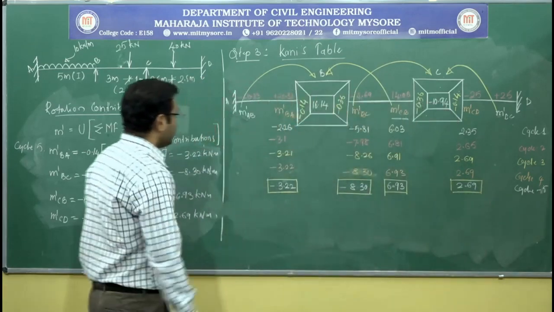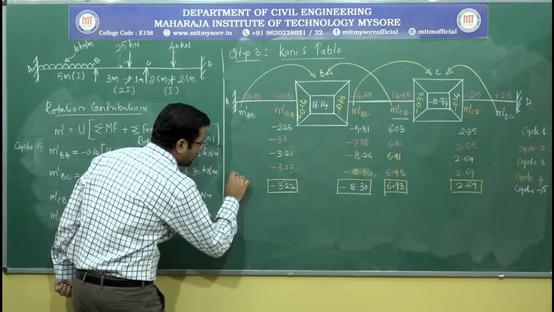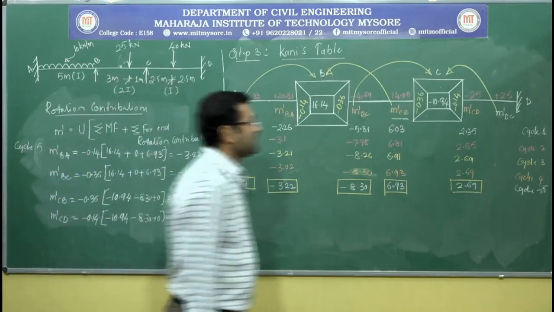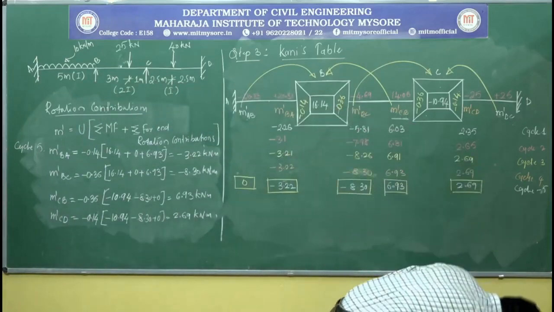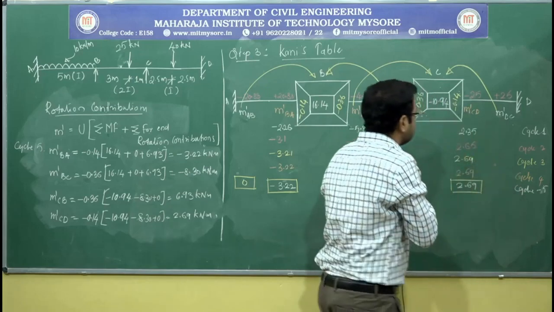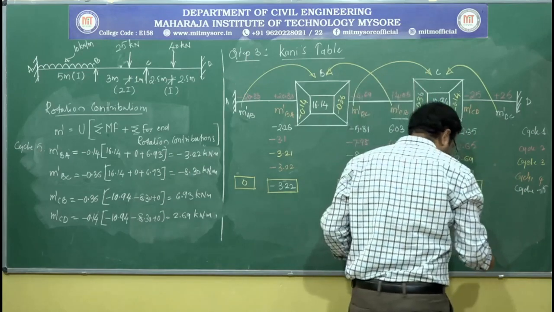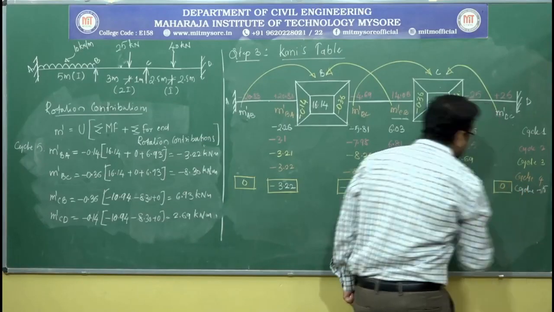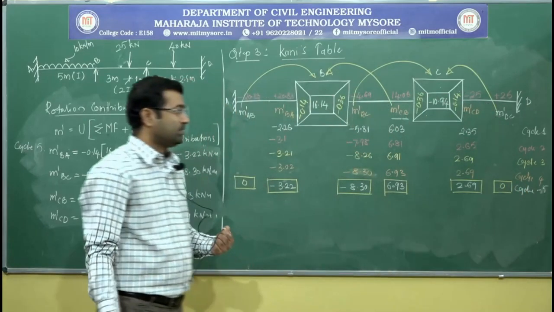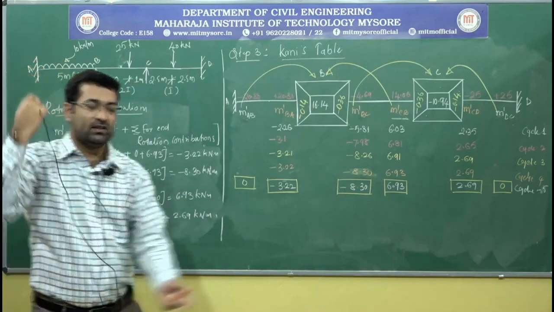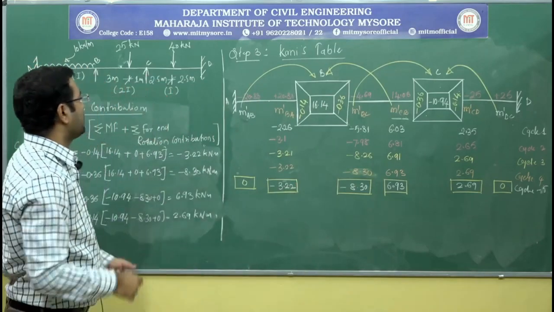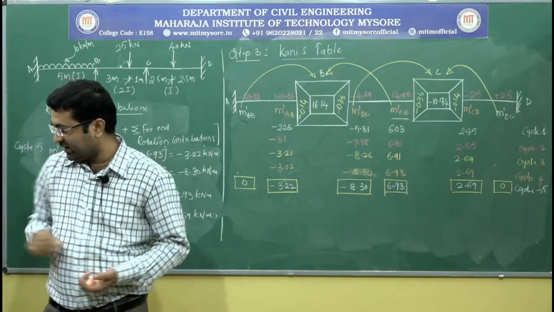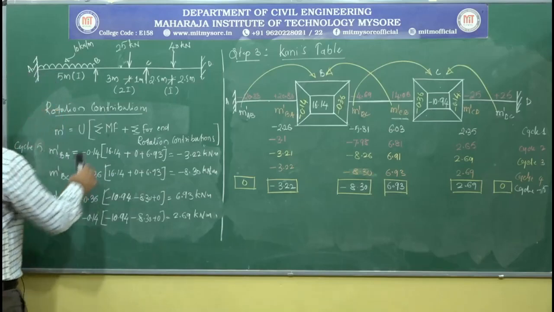Now tell me one thing, what is the final rotation contribution for M dash AB? It is 0. And similarly the final rotation contribution for M dash DC is also 0, right? So using this we need to go for the calculation of the final end moments, that is step number 4.